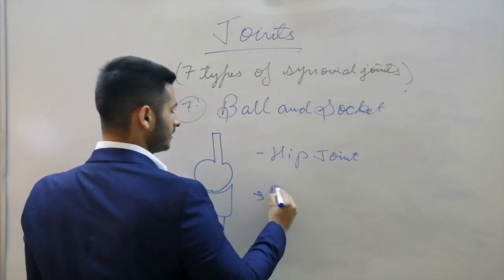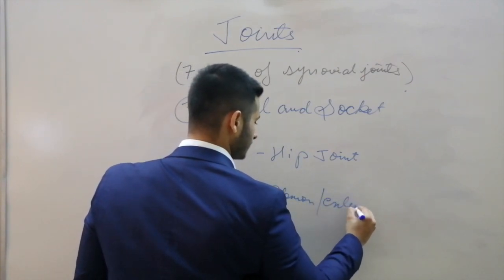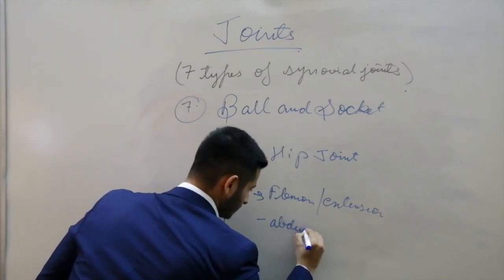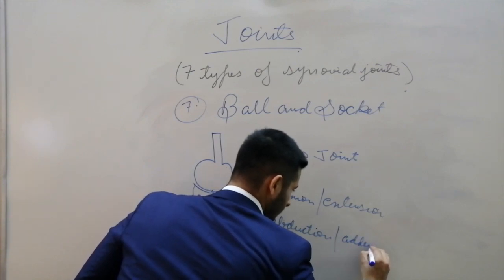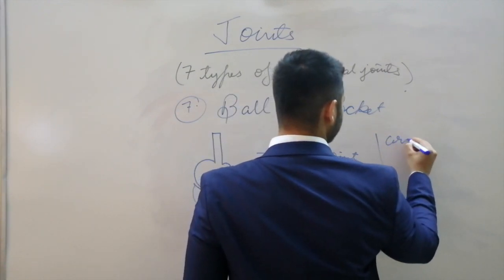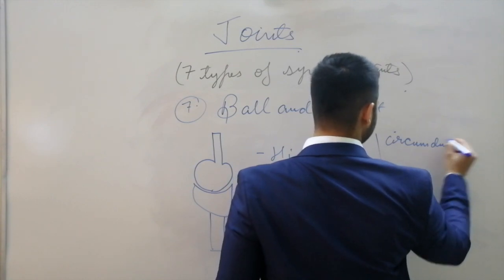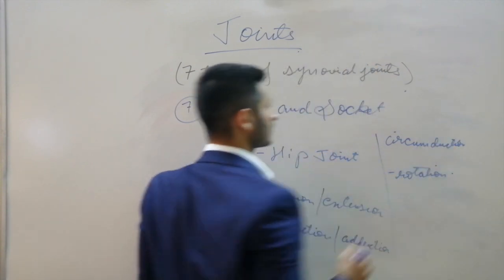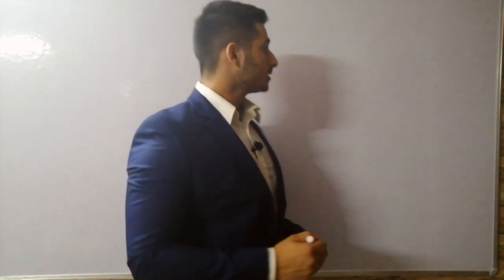The movements are flexion, extension, abduction, adduction, circumduction, as well as rotation. So these were the 7 types of synovial joints.